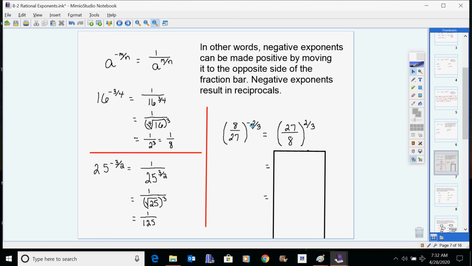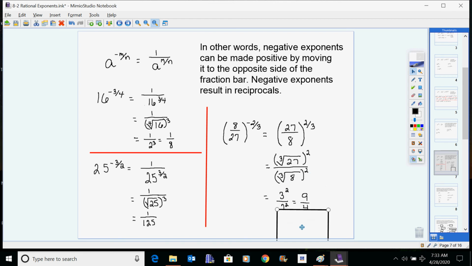You're not flipping over the exponent, though. Remember, the exponents mean something completely different. All right, so then you're taking the cube root of each one of these and squaring it. 3 squared is 9. 2 squared is 4.